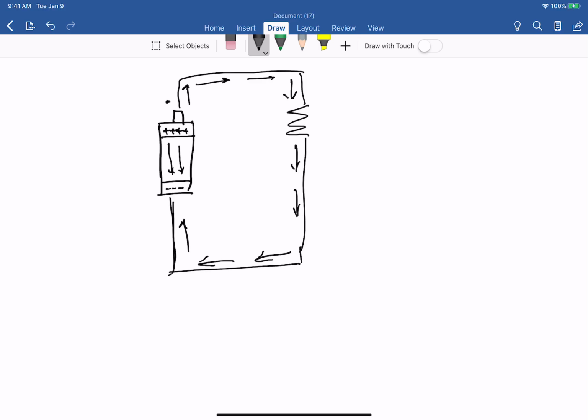And that would be the end of the story as far as the electric fields are concerned. So something needs to drag this positive charge from the negative end of the battery back to the positive end of the battery. And that is done by non-electrostatic forces, which push on the charge in the opposite direction and bring it from the negative end of the battery to the positive end of the battery, right?